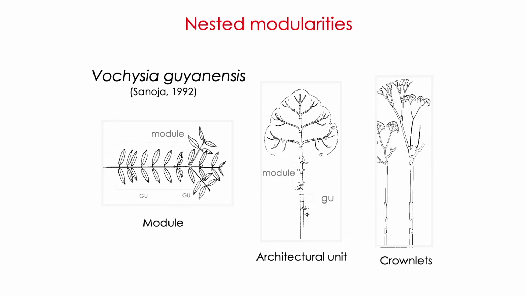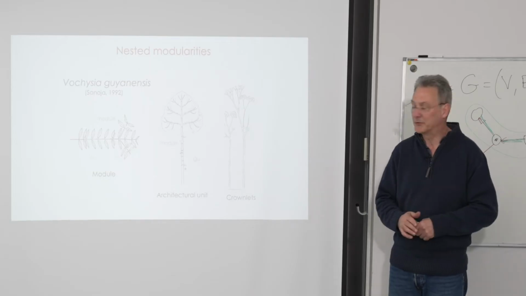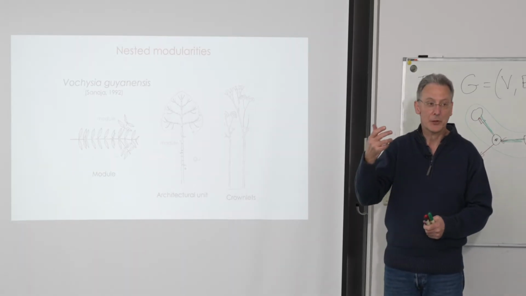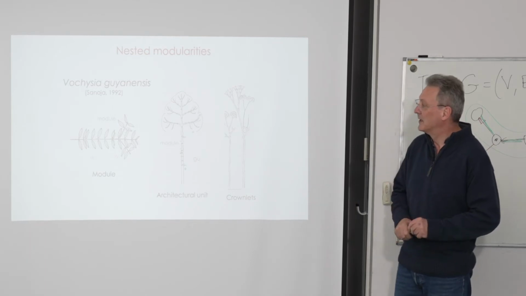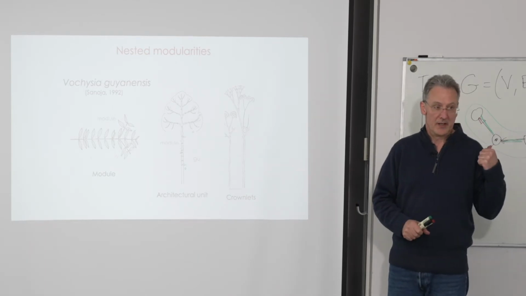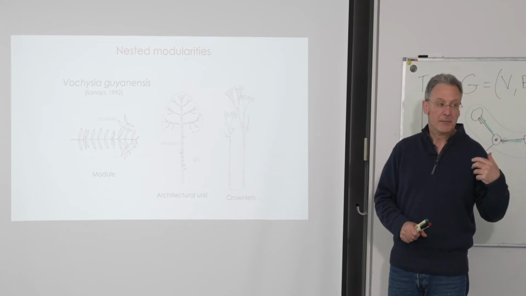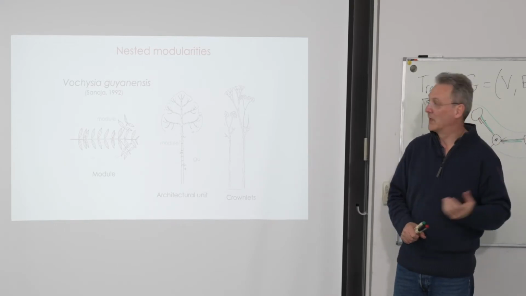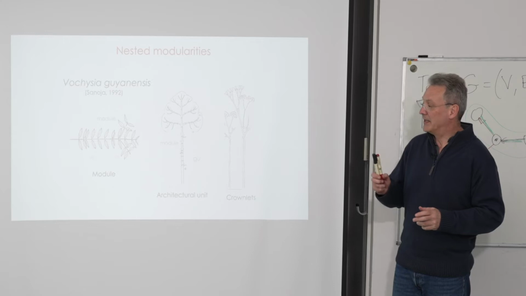I will go quickly on this because it will be a bit of an aside with respect to what we are going to do, but you need to at least know that it exists. Plants can be represented by axial trees.